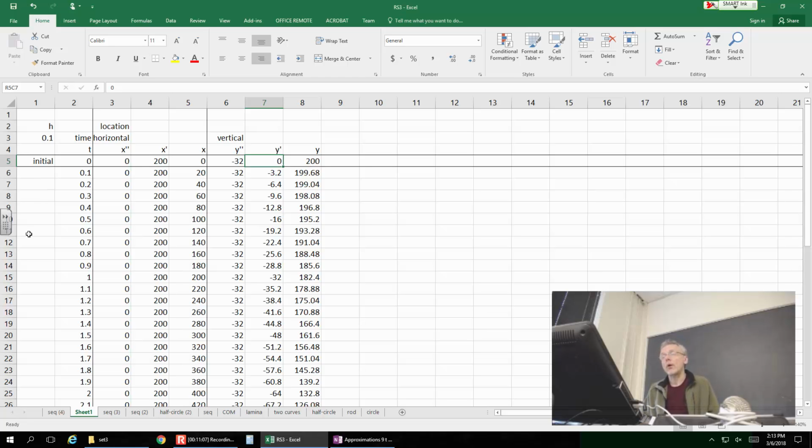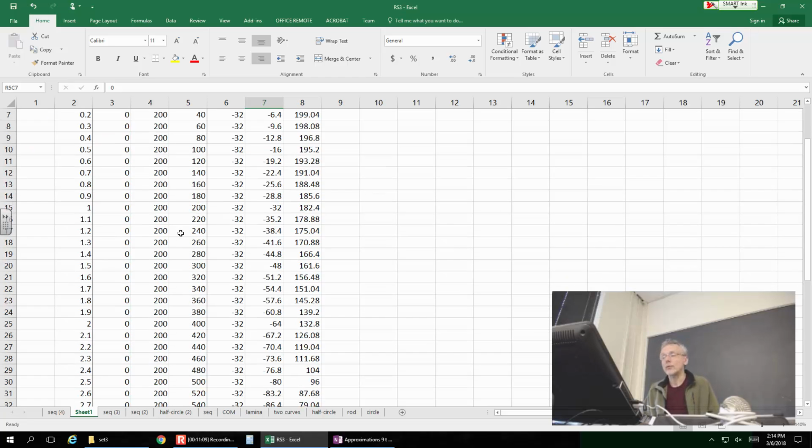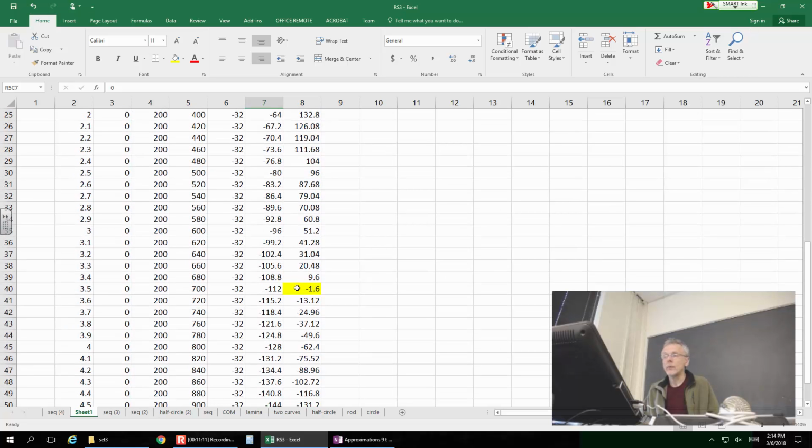The problem that we solved last time was establishing when, where, and how the ball hits the ground, and we just looked at the vertical location column, where y changes from positive to negative. From 9.6 it changes to negative 0.1. So somewhere at that point it hits the ground.